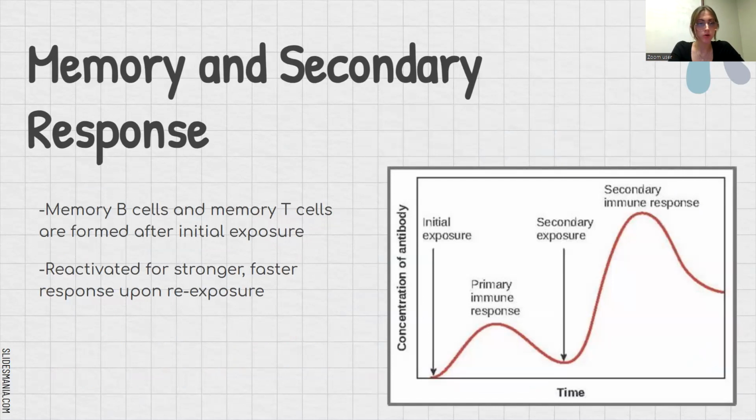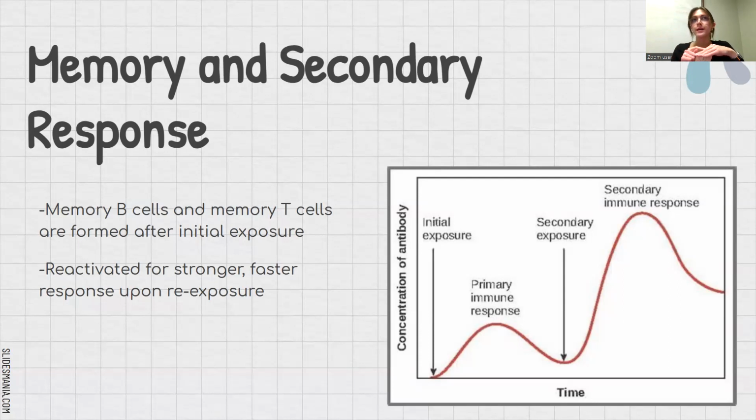So after the initial exposure to an antigen, both T cells and B cells will make memory cells, because both B and T cells are part of the adaptive immune response. They'll form memory cells that are specific to the antigen they were formed for. So when the T cell encounters the antigen that was presented by the APC, it'll make memory cells that are specific to that exact antigen.